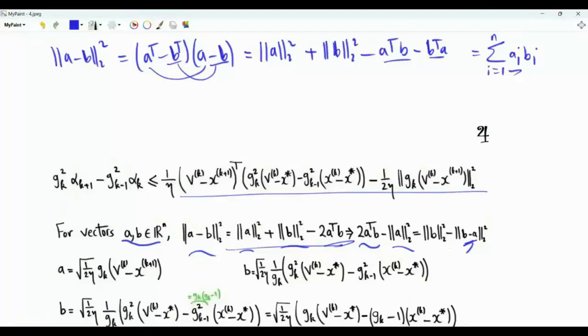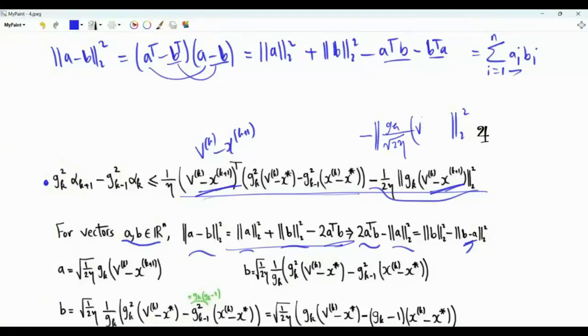If we look to the right-hand side of our inequality here, pay attention to the vector Vk minus xk plus 1. It appears here in the inner product, and it is also here in the L2 norm squared. This term can be written as minus the L2 norm squared of gk divided by the square root of 2 eta. This scalar is multiplied by the vector Vk minus xk plus 1.